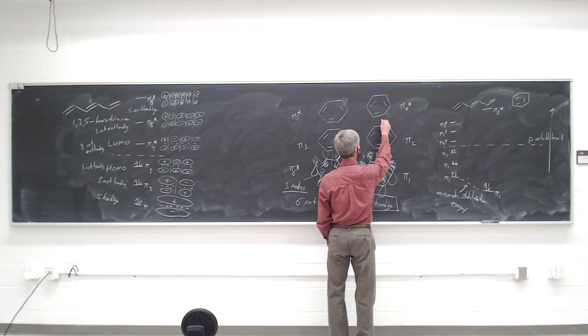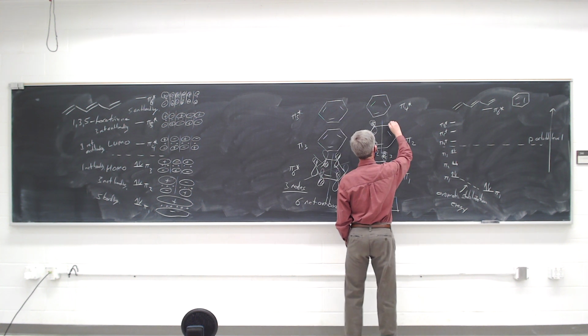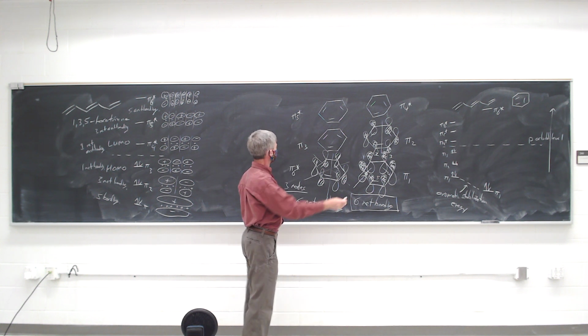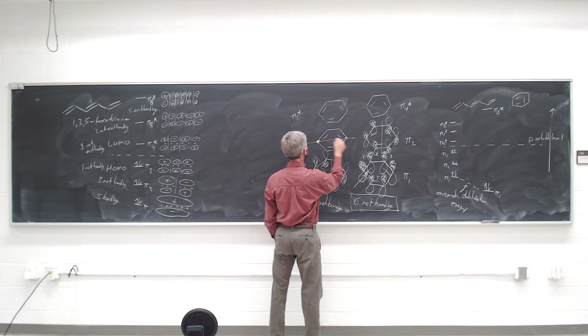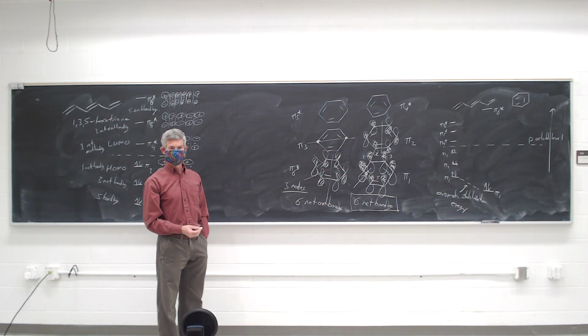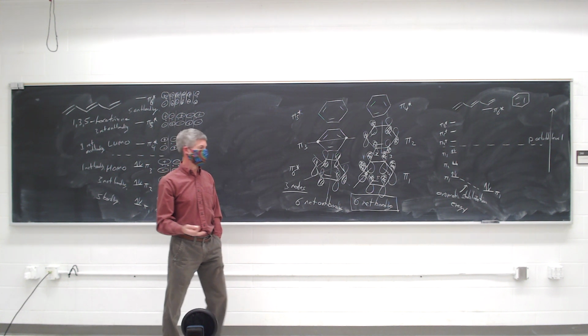We can either put the node straight down the center, vertically, or we can put the node straight through the molecule horizontally. But if we put the node horizontally, those two carbons that the node passes through will not contribute to the orbital.